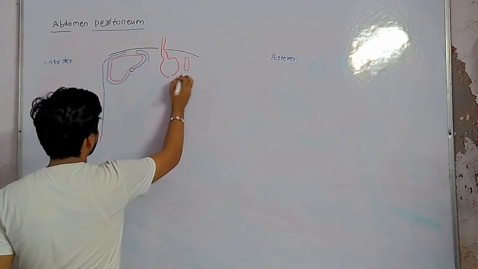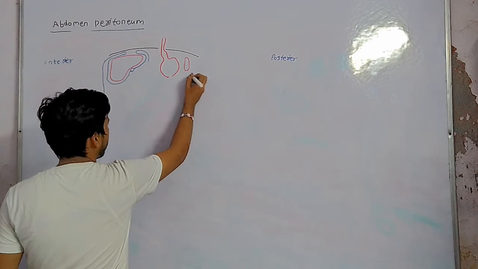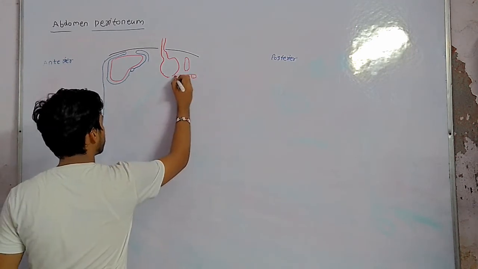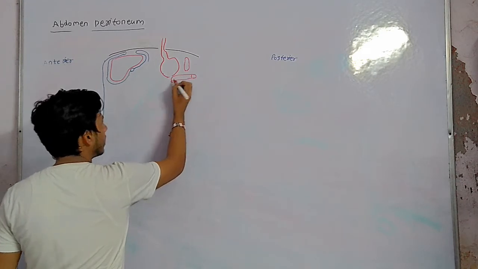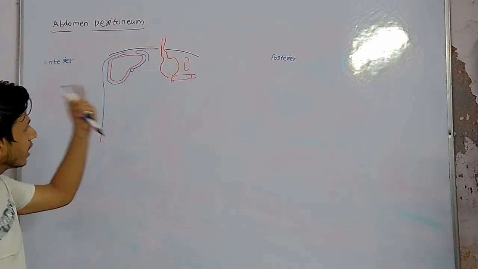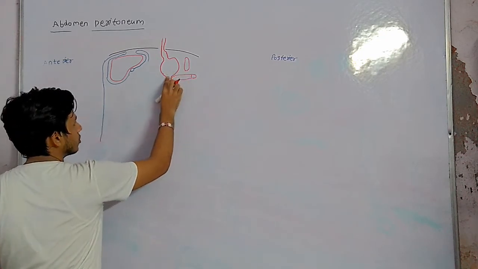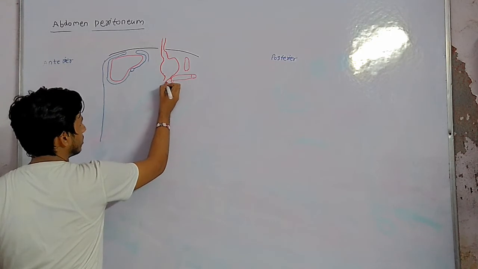Here the pancreas is also present. We draw only the pancreas tail. The pancreas is present posterior to the stomach. So the pancreas comes posteriorly, then we descend.